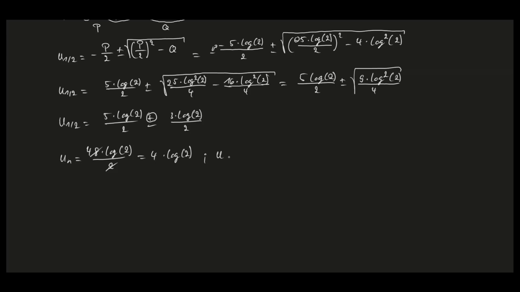And for our other solution, we would subtract here 5 with 3, and we will get 2 times the logarithm of 2 over 2, and this cancels each other out here, so that we only have the logarithm of 2 here.